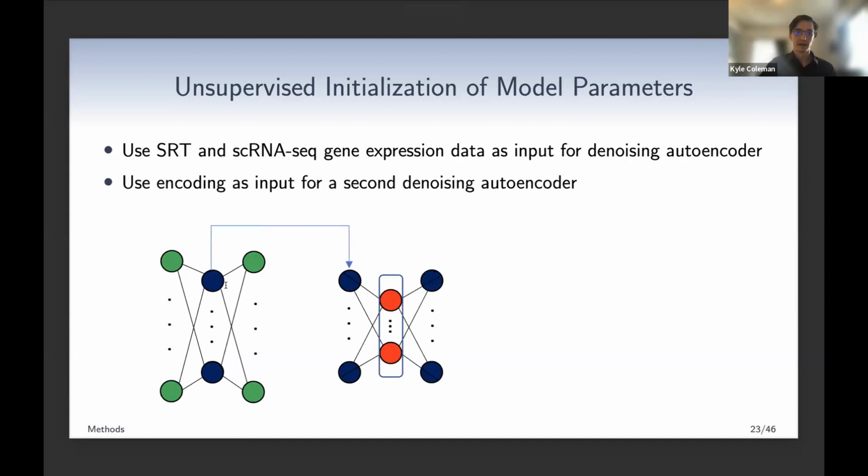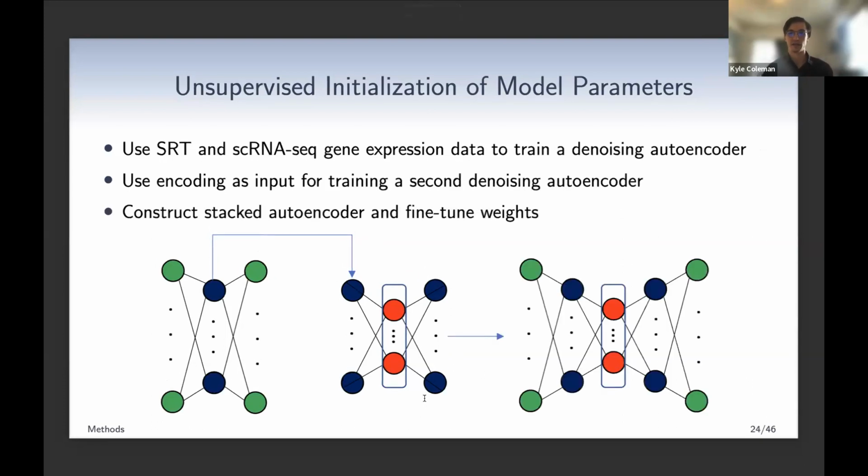We further take the encoding of that autoencoder and use it as input for a second denoising autoencoder, which has the same structure, just with lower numbers of nodes for each layer, so that we can reduce the dimensionality even further. The second denoising autoencoder is again trained by minimizing the mean squared error between the uncorrupted input and the output of the network.